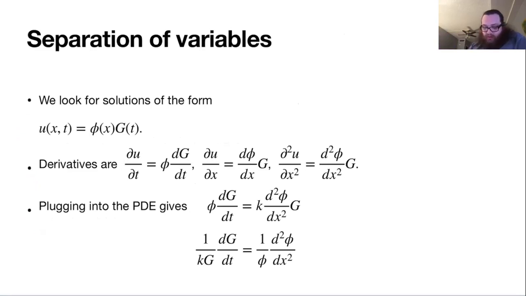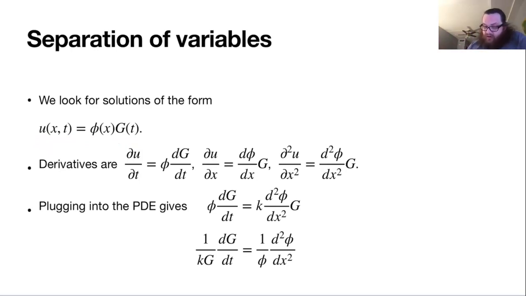What we're going to do is look for solutions u of x comma t that take this form. So our solution u of x, t is a product of two functions. One of the functions just depends on x, the other function just depends on t. To figure out what phi and g must be to solve this equation, let's plug it into the PDE.